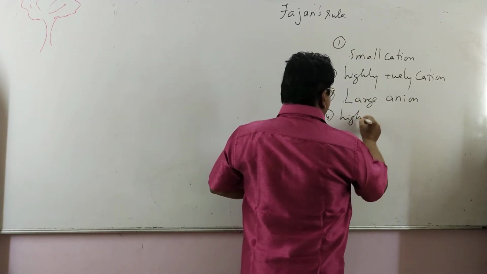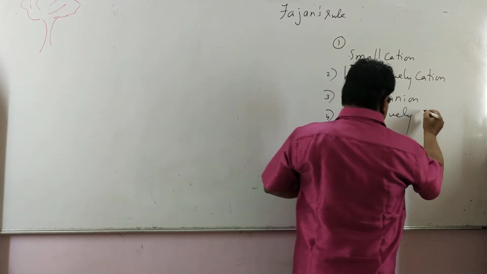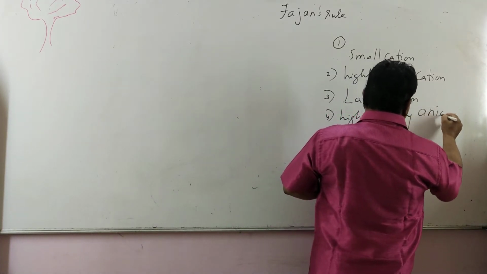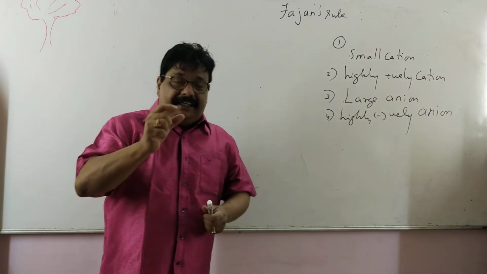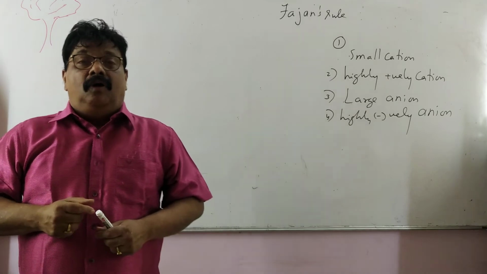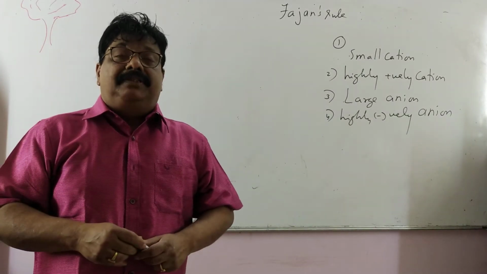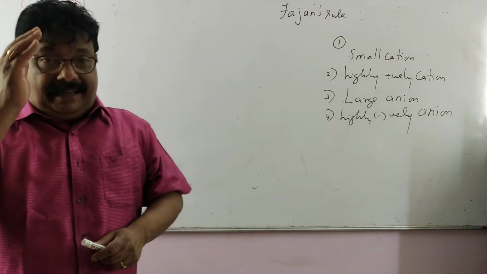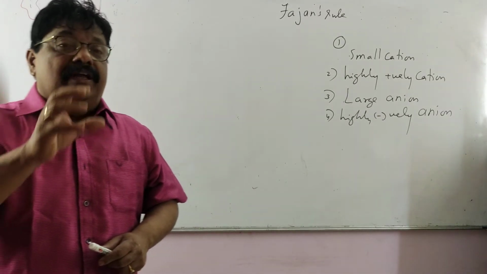Four, a highly negatively charged anion. If any of these conditions is present in an electrovalent compound, then it will get some covalent character, covalent properties.